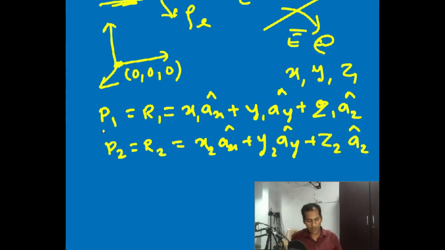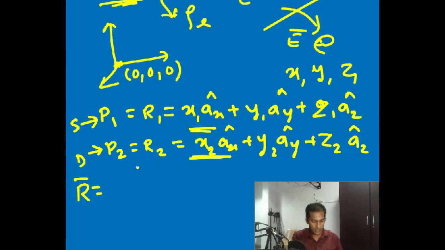So let us consider one as source, one as destination. Say this is destination and this is source. So as usual, we will do source minus destination points to find out R. So this one minus this one.